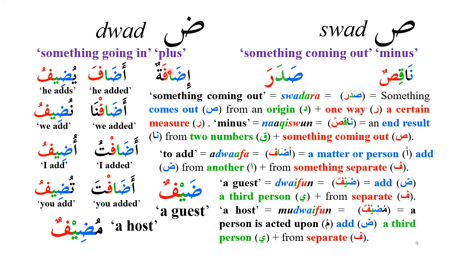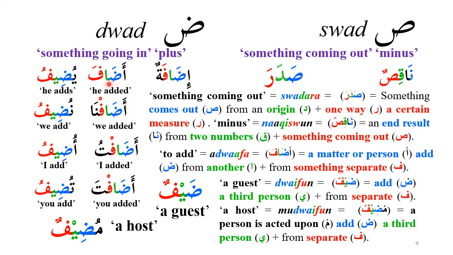So izafatun is plus. Adafa yuzifu means he added. This is the type 4 verb from the root dwad, ya, and fa. And you see, adafa means he added, right? And yuzifu means he adds in the present tense, or fi'l mudari, and fi'l madi is adafa.